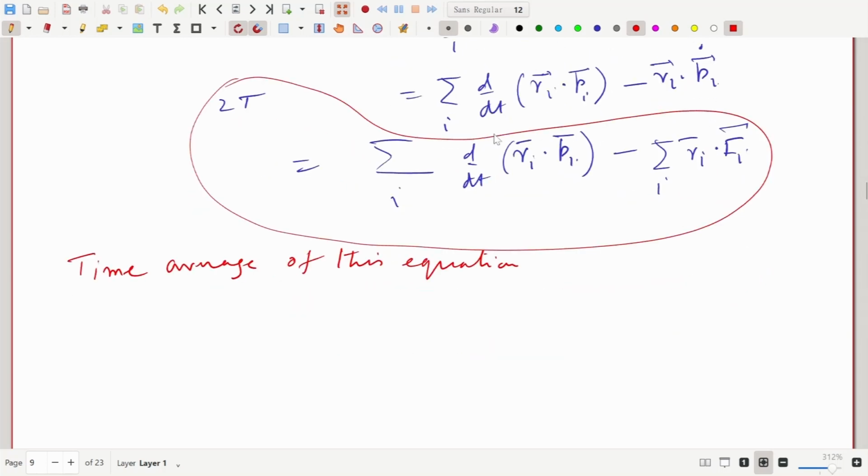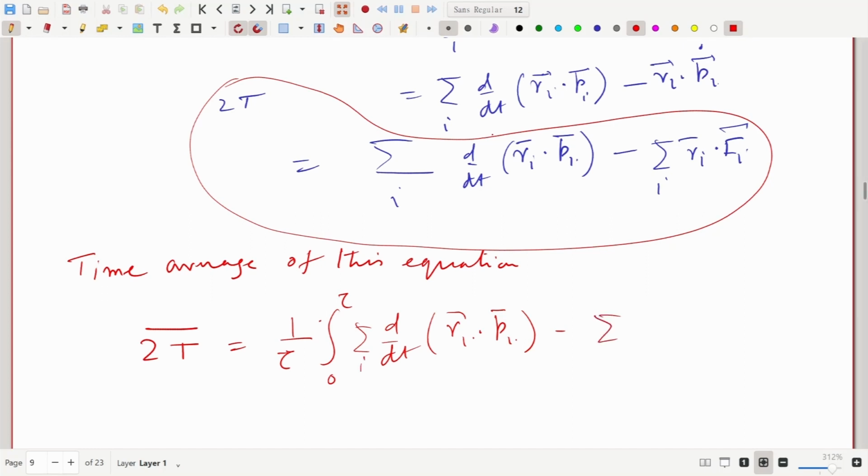Time average means that you integrate this function over some interval of time from 0 to tau, and divide by the total time interval, of the quantity d/dt of ri dot pi, minus the sum over i of ri dot Fi, integrated over dt.